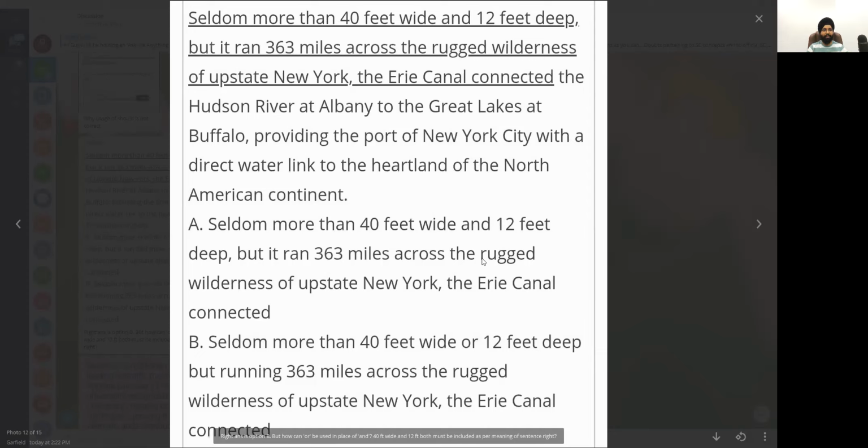Why are they necessary? You're presenting a modifier for a canal, right? I would be open to both. How do you know that it's seldom both? Why can't it be seldom individually? You're talking about a canal, it's a modifier for a canal. Yeah, it could be "and" also.